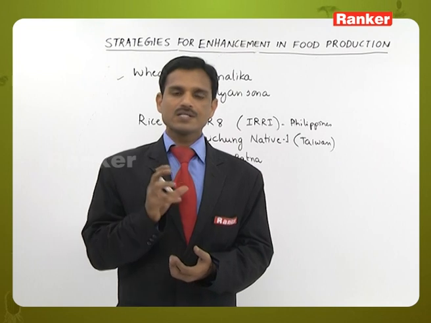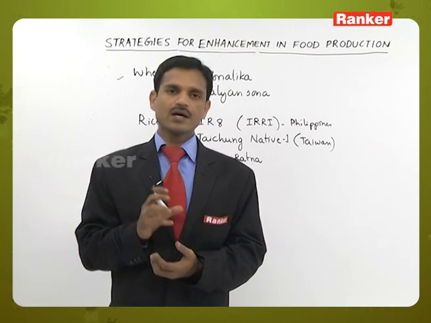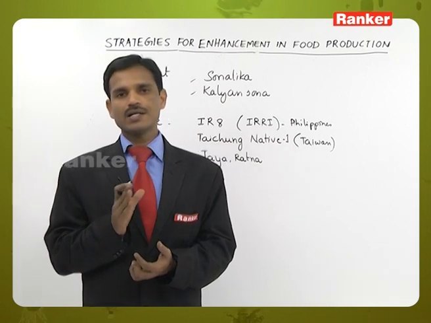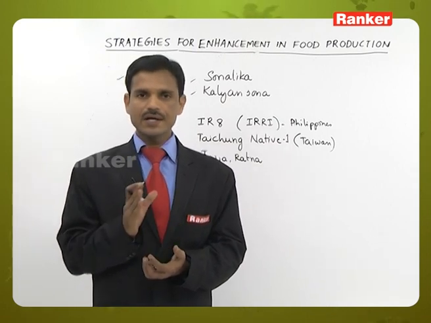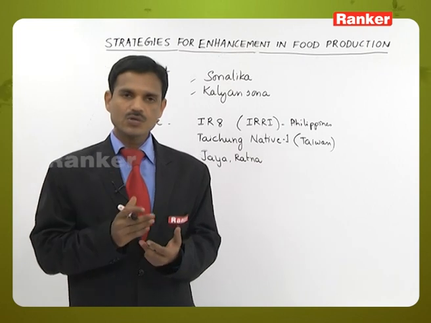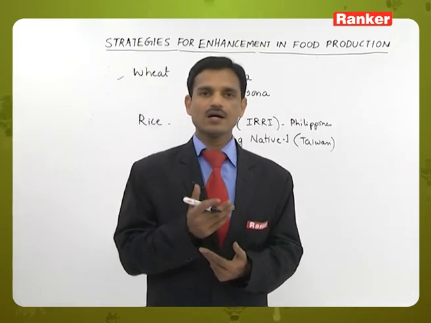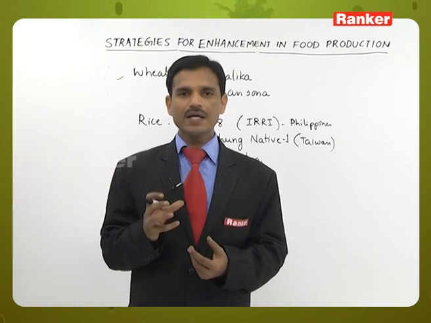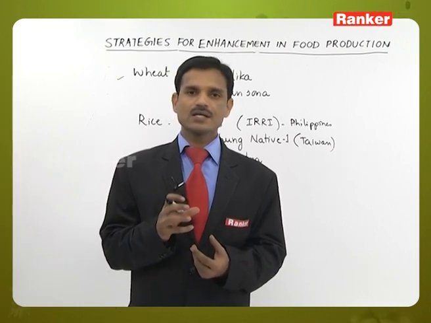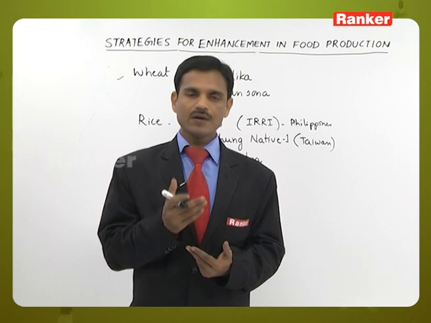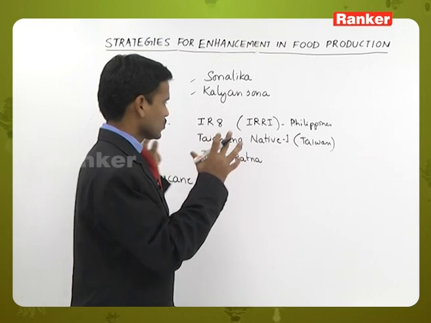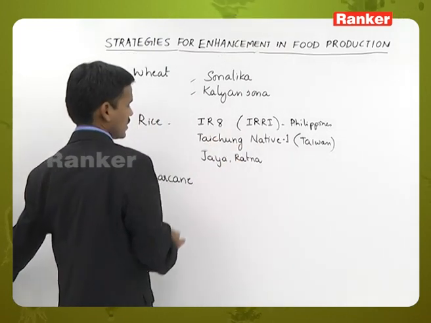Some plants give more sugar content but cannot show disease resistance, and some plants show disease resistance but are not high yielding, with very low sugar content. So we need high yield, disease resistance, and the ability to grow in different regions. That is why different plants are crossed.